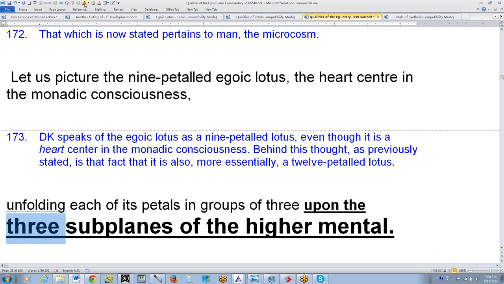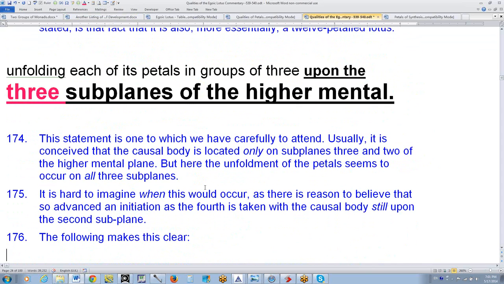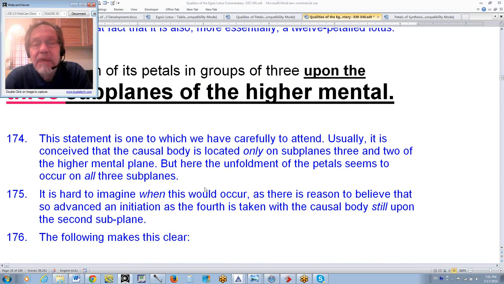And this is curious. I've heard people say, well, really, at the third degree or something, the Egoic Lotus moves up to the first subplane of the higher mental plane, and there goes through the final initiation, namely the fourth. But it doesn't seem to be the case from the other references.